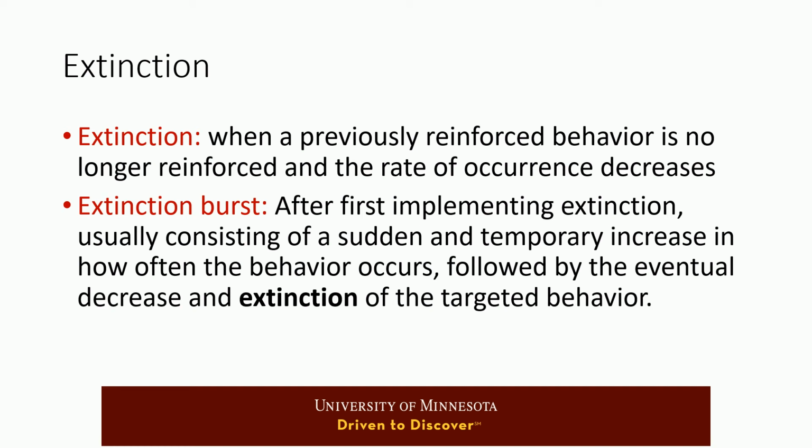After first implementing extinction, there is usually a sudden or temporary increase in how often the behavior occurs. For example, I love the pop machine example because I think it really illustrates this principle.